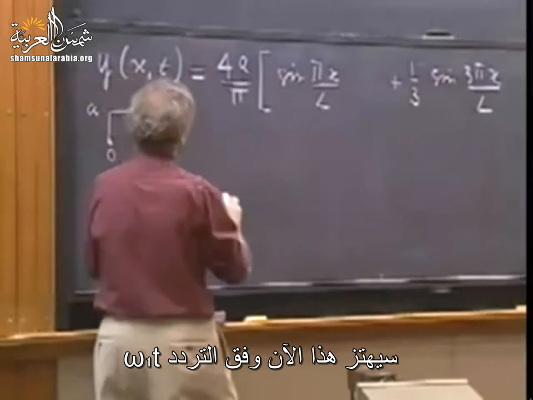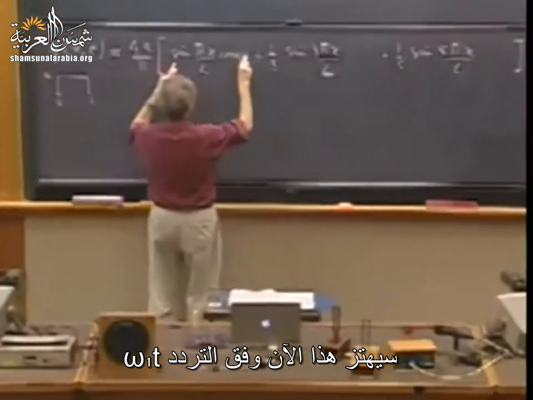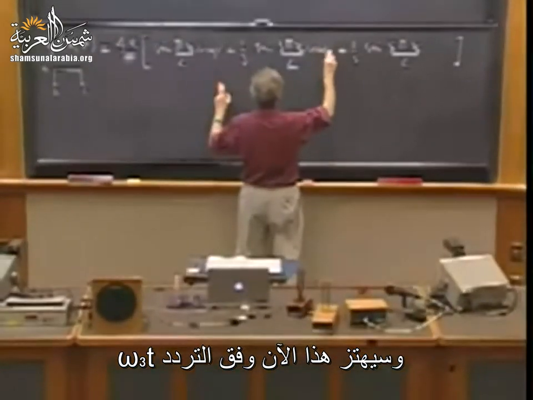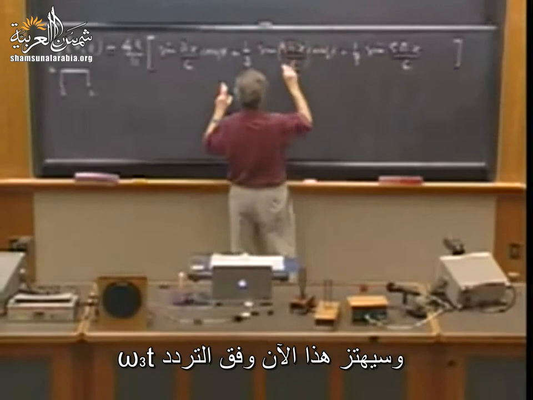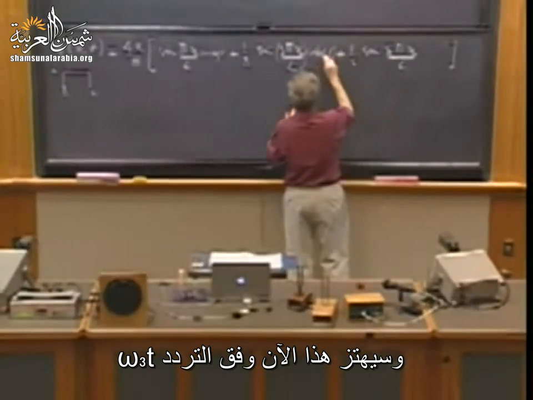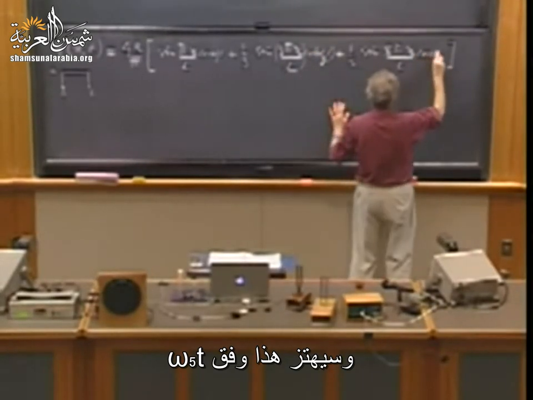And what happens now is that this one is going to oscillate with omega 1t, and this one omega 2t, and this one omega 3t, and this one is going to oscillate with cosine omega 5t.